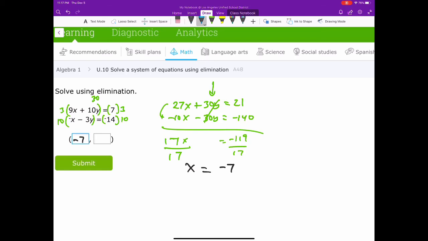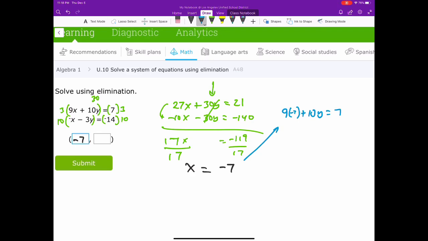So let's solve for our y value. We'll use the top equation, 9x plus 10y is equal to 7. I could have used the bottom equation again. I chose the top one because they're all positive on top, and if you look at the bottom equation, they're all negative. And I don't want to mess with negatives if I don't have to. We said x is negative 7.